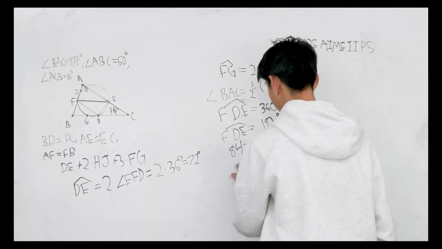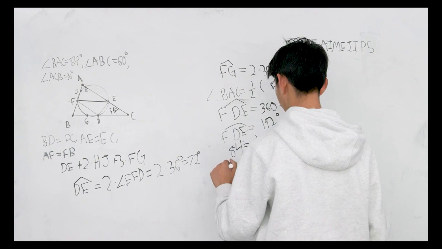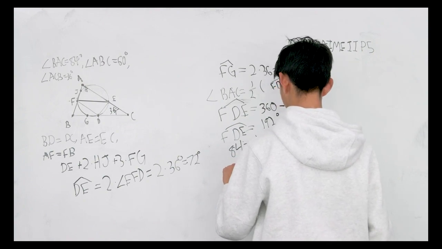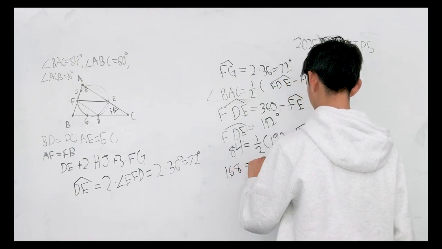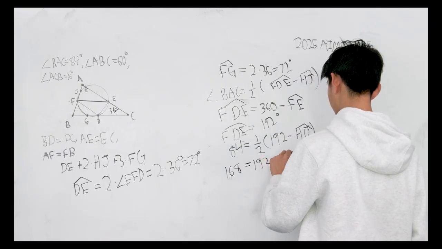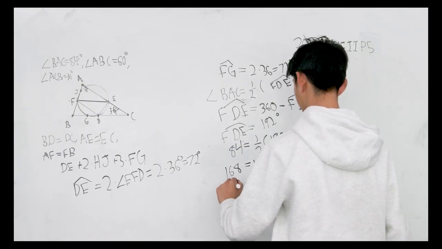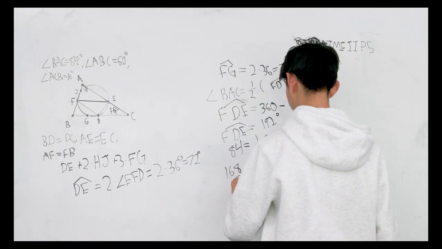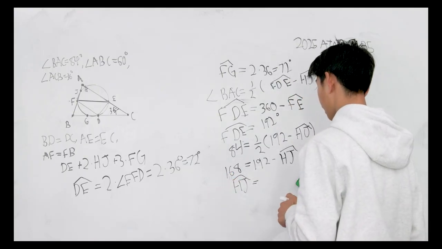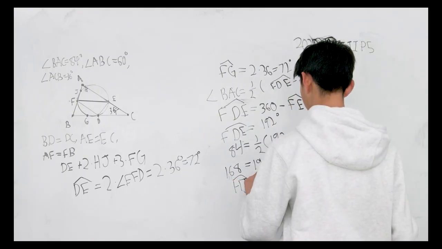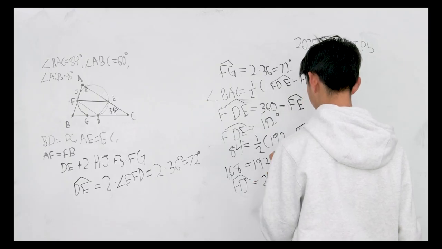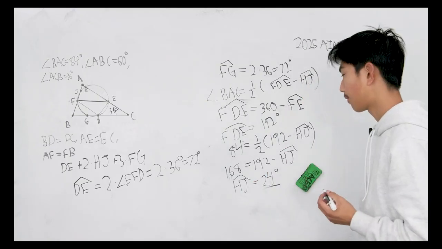I should probably double check. 2 times 84 is 168, and this is equal to 192 minus HJ. Arc HJ is equal to 192 minus 168, or 24 degrees. So, yep, it is 24 degrees.